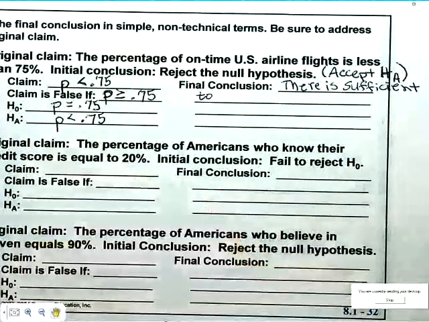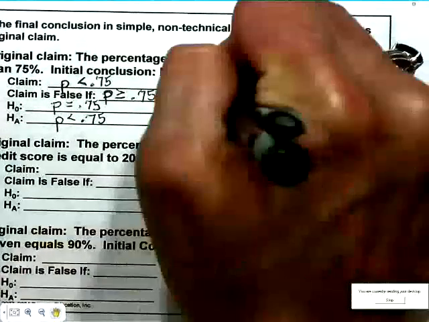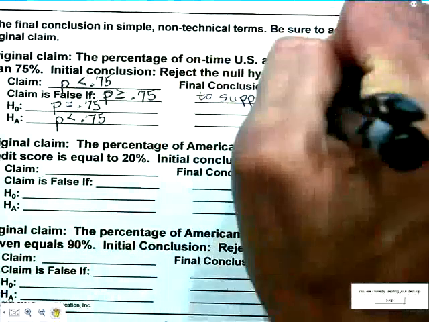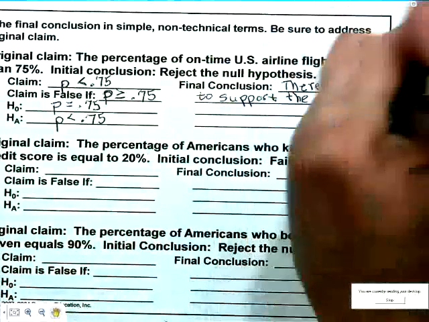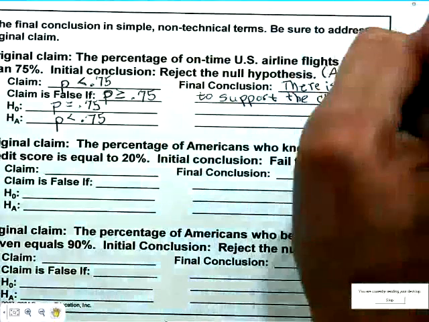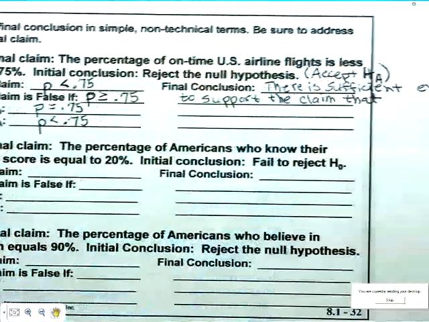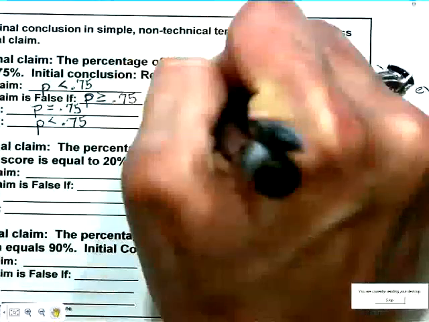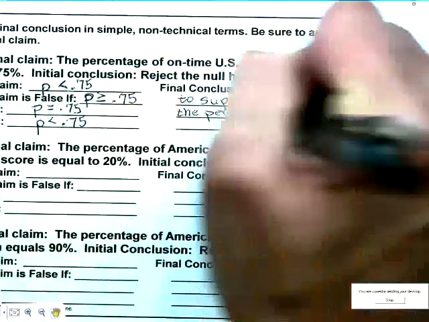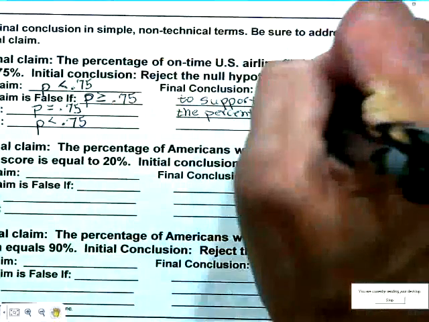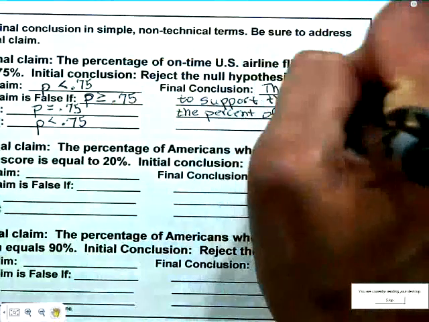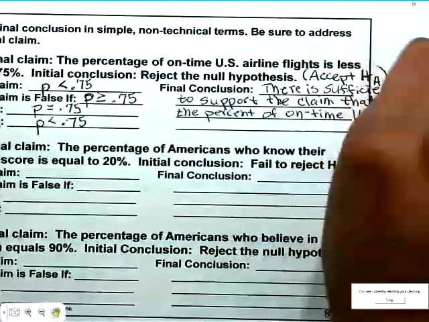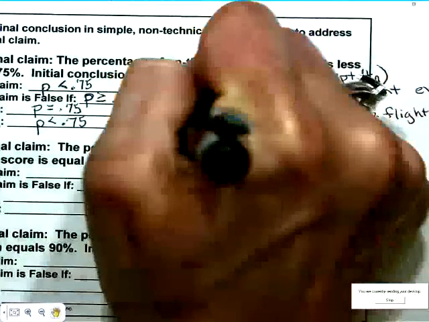There is sufficient evidence to support the claim that, and then basically you just restate the claim. The percent of on-time U.S. flights is less than 75%.